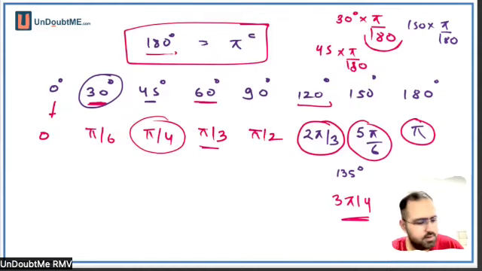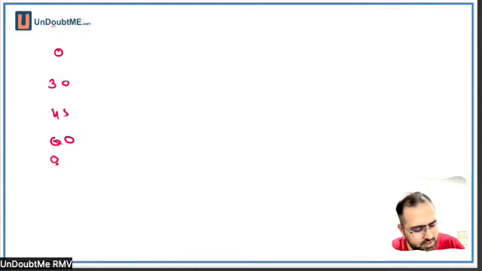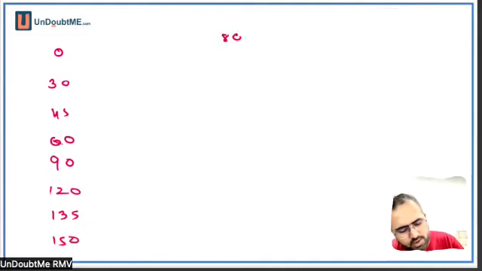No, sir. No doubt, sir. So we'll move on to a few more conversions, just for practice. Till now we have done 0, 30, 60, 45, 90, 120, 135, 150, 180.